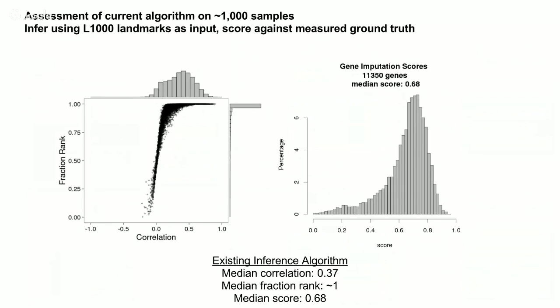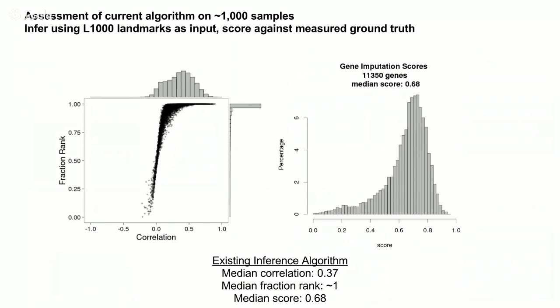And for every inferred gene, we can compute its correlation with itself across those two data sets. So you take the inferred gene across all of its samples in the L1000 data set and compare it to its measured equivalent in the ground truth data set, and you'll get some correlation value. So you can do that for all 11,000 or so inferred genes.